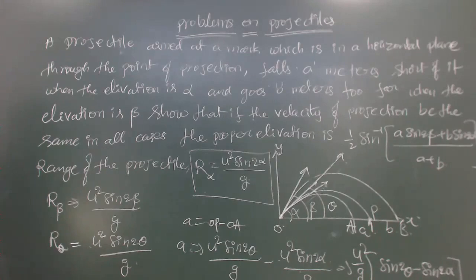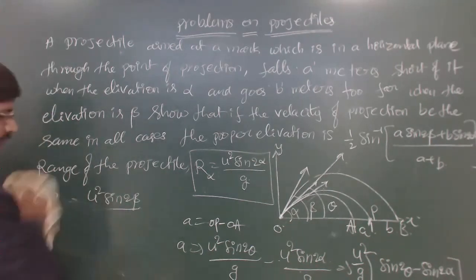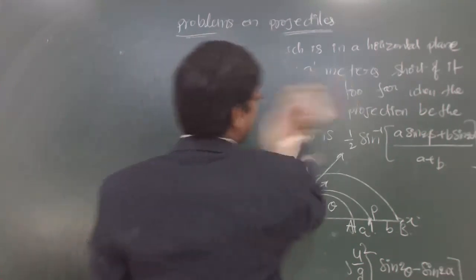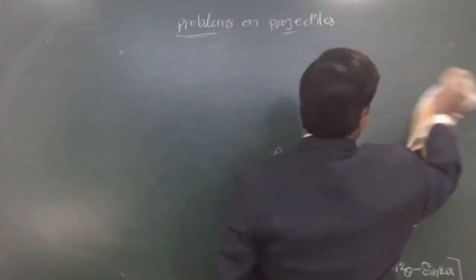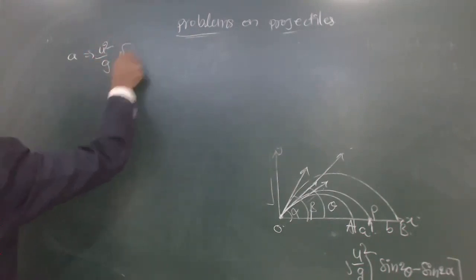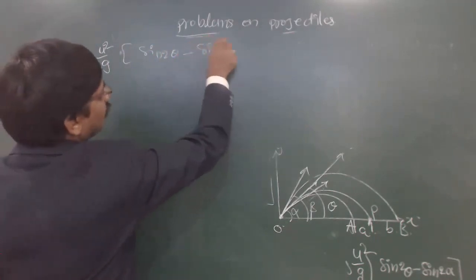So you can note down this, then we'll erase and continue. So the A value we have got is u square by g times sine 2 theta minus sine 2 alpha.